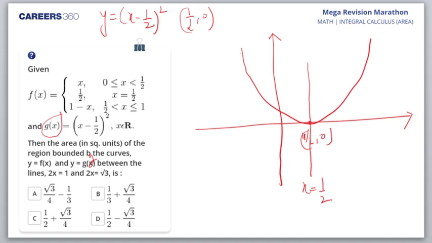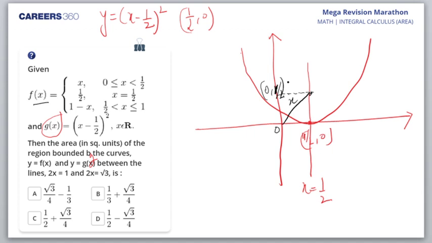Now, let us draw the graph of f(x). f(x) equal to x between 0 and half. So between 0 and half, the graph is y equal to x. y equal to x means a straight line passing through the origin. So at half, I am getting (half, half).